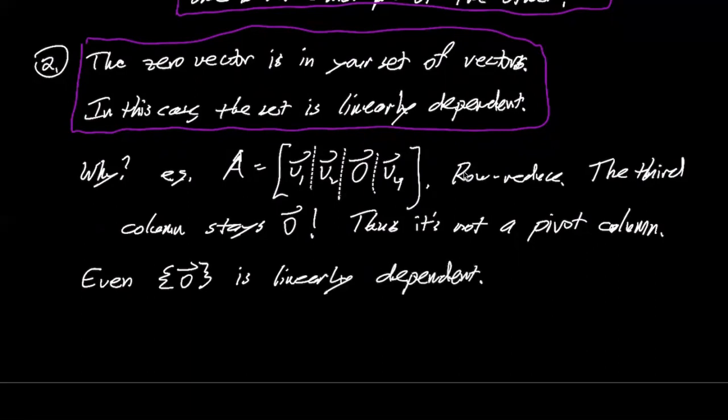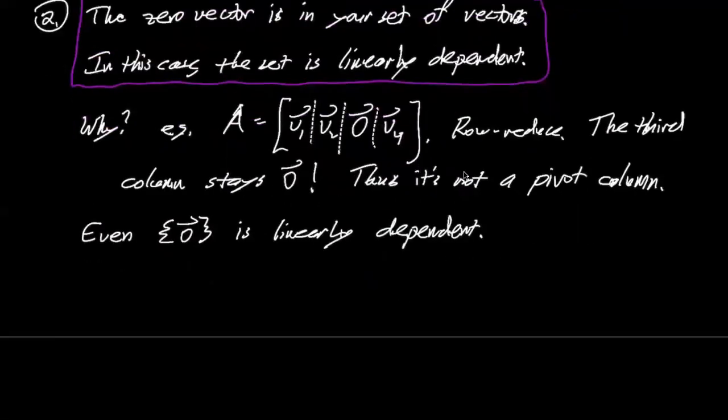And you can even go back to the definition, right? The definition is that you're supposed to write a linear combination of the vectors equal to 0 and say that there are some non-zero scalars that make it true. But in this case, from the definition, x1 times 0 equals 0 is true.